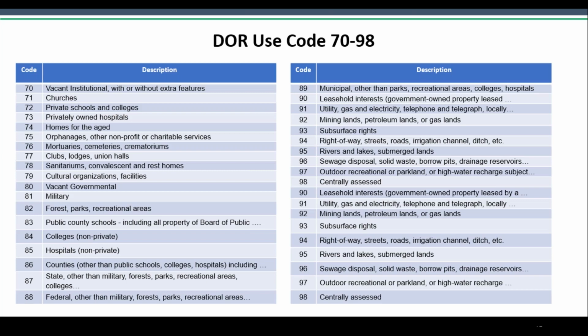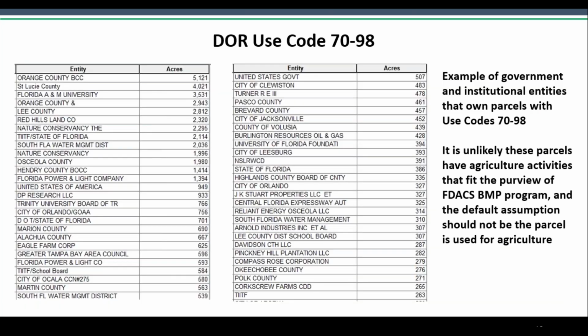And some more examples of these codes are listed on the slide. These parcels are generally not expected to be used for agriculture. And here are some examples of the industrial or institutional entities we can pull out by selecting the parcels that have the DOR use code of 70 through 98.